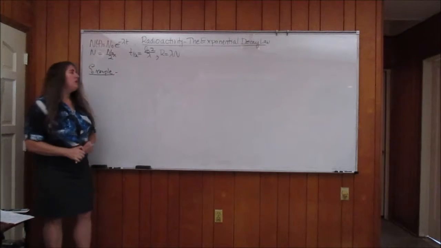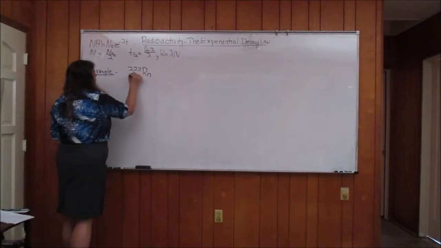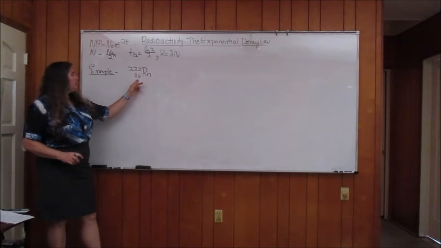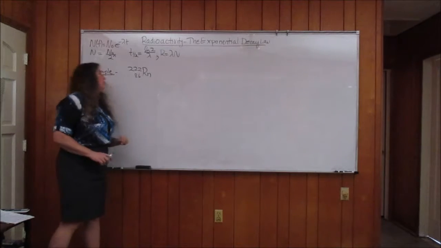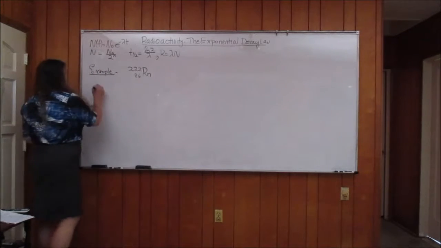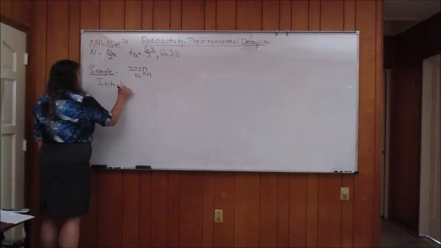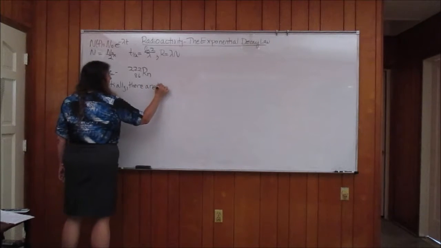The example that I'm going to work through involves the radioactive element, radon 222, and I've made the number of protons explicit there. So let's suppose initially there are 1,000 nuclei.